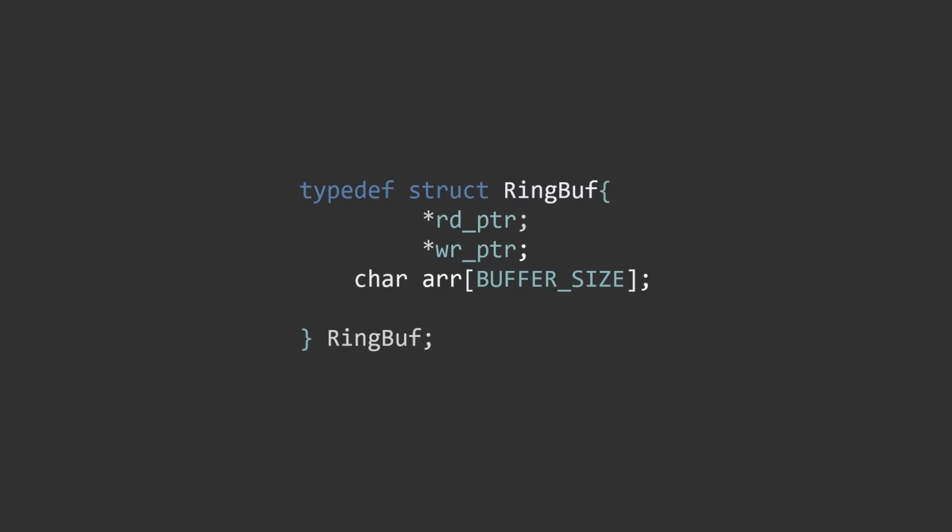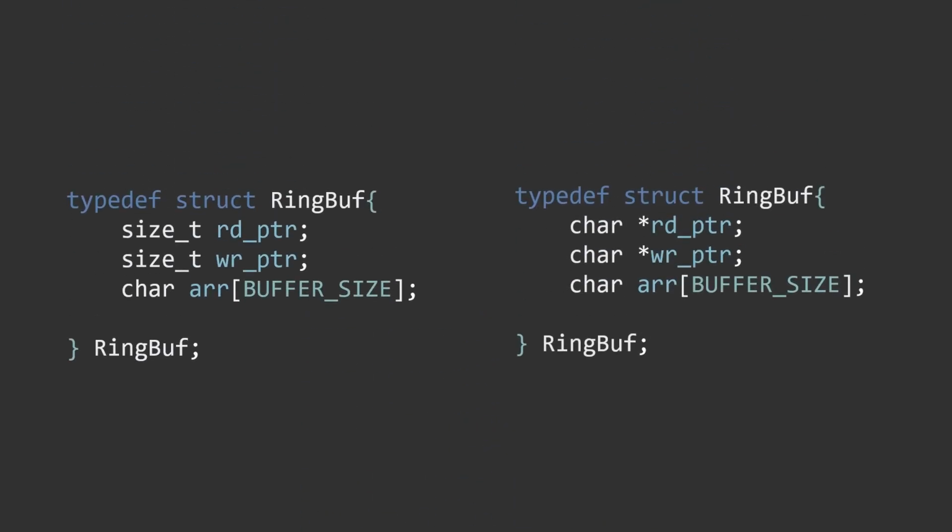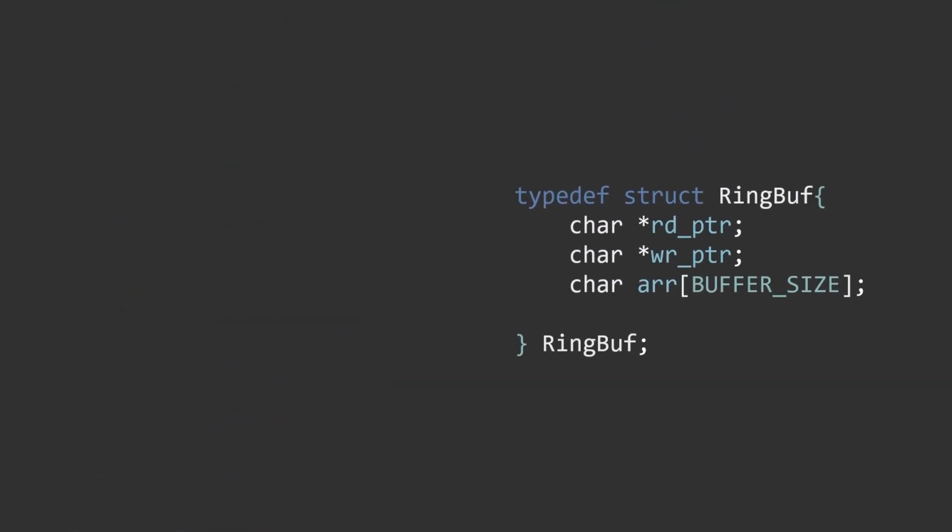But in addition to being a pointer, we need to also define what type of data it points to. Since our ring buffer contains characters, we define our read and write pointers to be character pointers. So how to choose? Well, for now, let's just use the memory address implementation and then compare the two later.